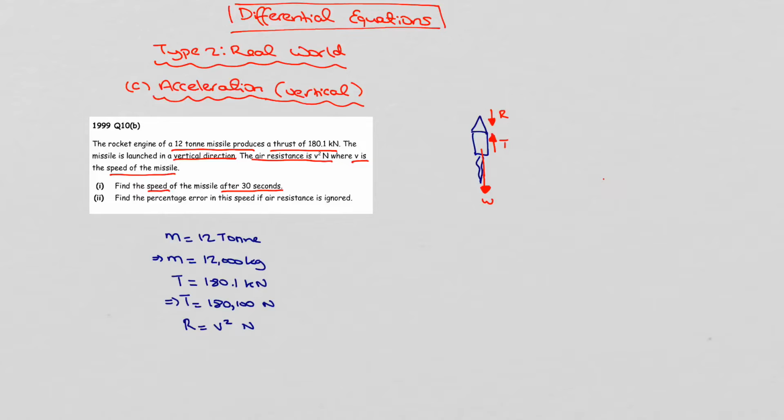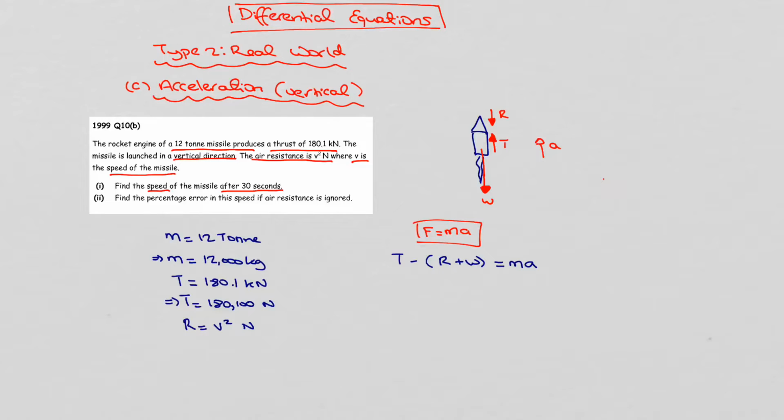So if we're looking at our net forces acting in this diagram, then it is accelerating in an upward direction. So our leading force is going to be our tractive force, our thrust from the engines, and then our opposing forces are going to be our air resistance and our weight.